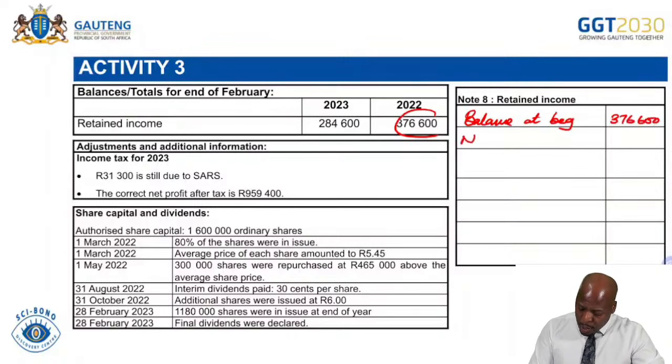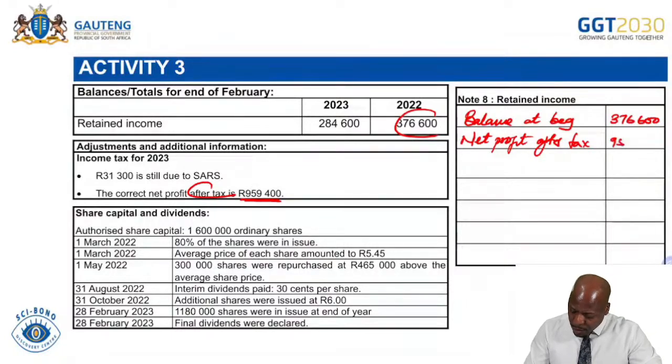And then you are now going to get your net profit. In the retained income, we always record net profit after tax. Here the correct net profit after tax is 959,400. So here is 959,400 net profit after tax.